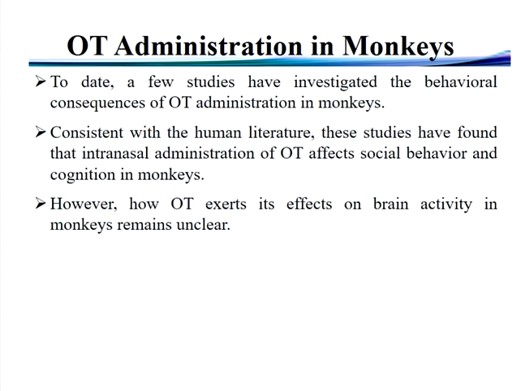Consistent with human studies, these animal studies have also found that intranasal administration of oxytocin affects social behavior and cognition in monkeys, such as attention to face features and facial expressions, and self-reinforcement learning. However, it remains unclear how oxytocin changes brain activities in monkeys.